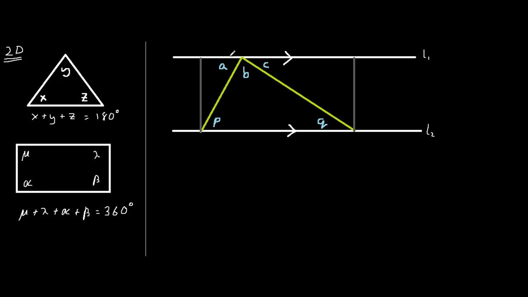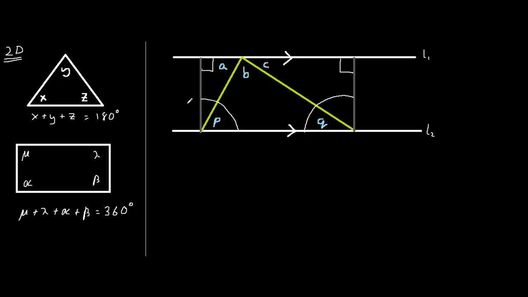Now, knowing that line L1 is parallel to line L2, and knowing that these two grey lines right here are perpendicular to L1, we can say that this angle here is 90 degrees, and that this angle here is 90 degrees. And we can say that this corner right here is 90 degrees, and that this corner right here is 90 degrees.